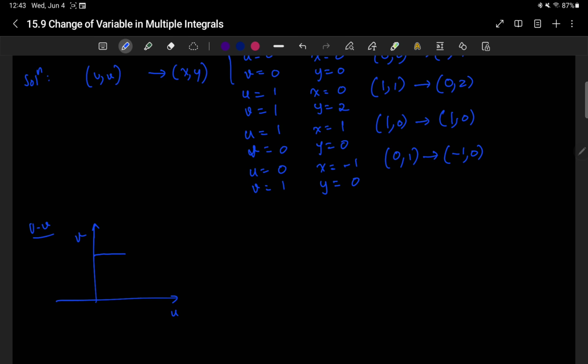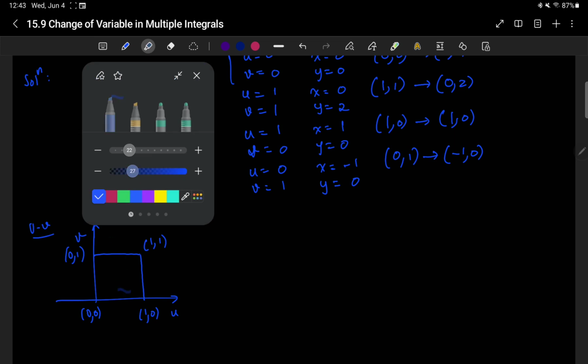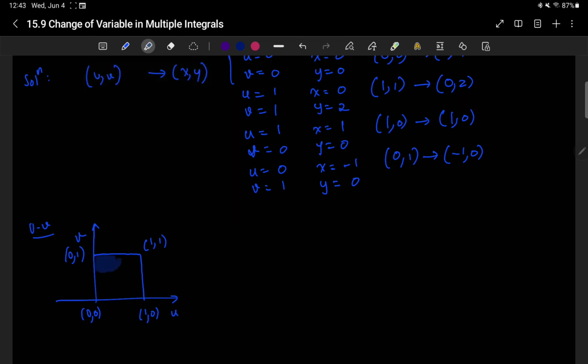So what we have is this square with the corners at (0, 0), (1, 1), (1, 0), (0, 1). And this is the region S, and we are trying to find how it maps into the region R in a regular xy coordinate system.